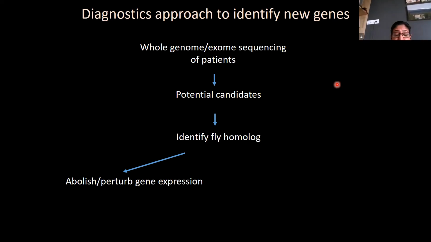If we don't have mutants, we go for RNAi knockdown, or we use CRISPR to delete the gene to find out the phenotype of a strong loss of function. Once we have the loss of function phenotype, we see whether the human had a similar thing. Let's say there is a kid whose eyes are not developed properly. Now we have these 5 candidate genes, we make mutants in Drosophila, and we see which of these leads to defects in eye development in flies.